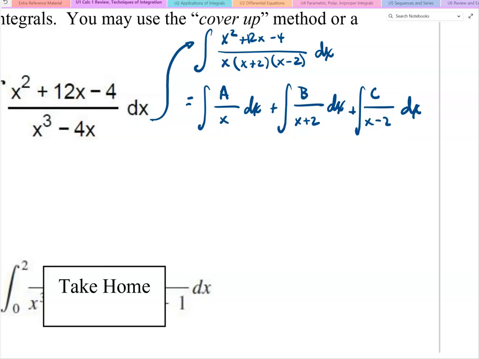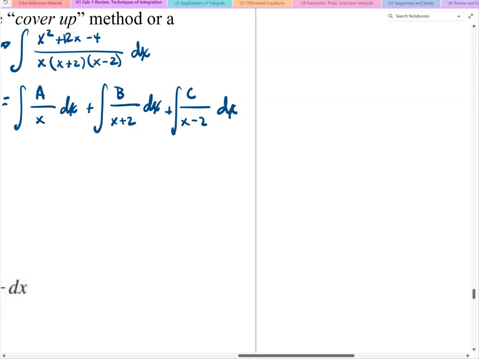Now our job is to find out what a, b, and c are. We can use a system of equations, but as I mentioned a minute ago, we're going to use the cover-up trick for this one. To find a, we cover up the x here and imagine what number would set that equal to 0.